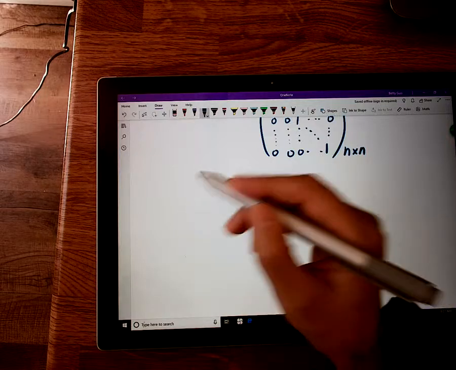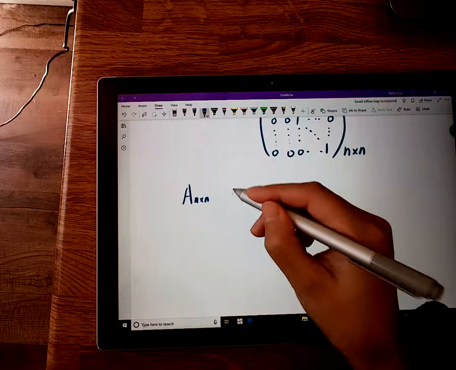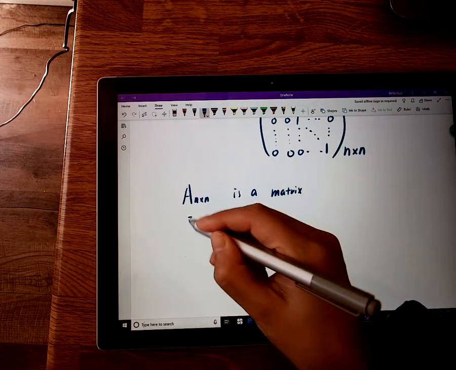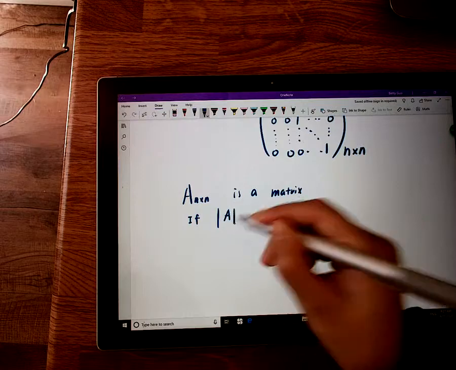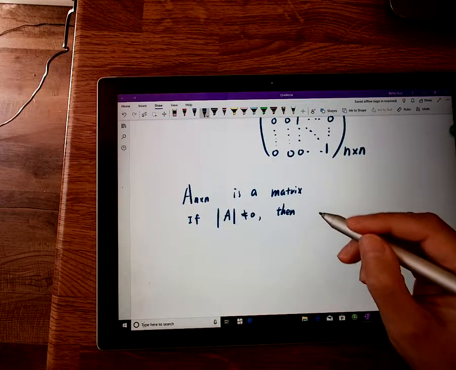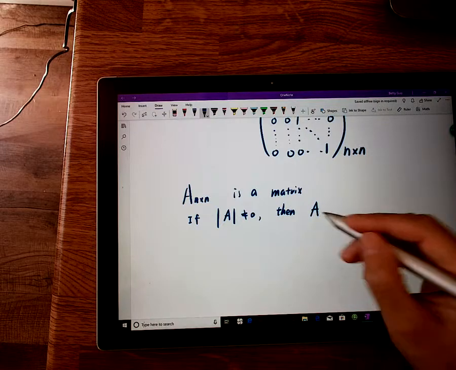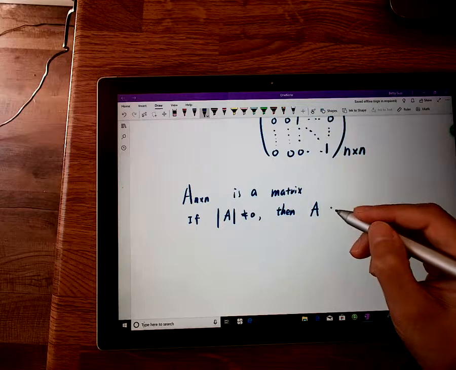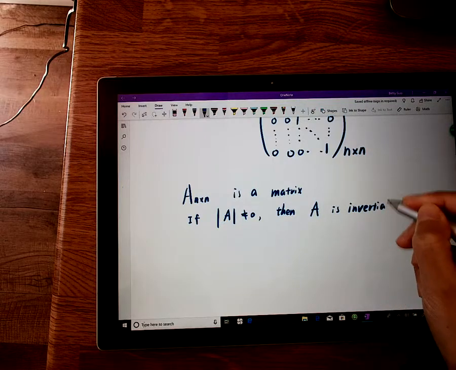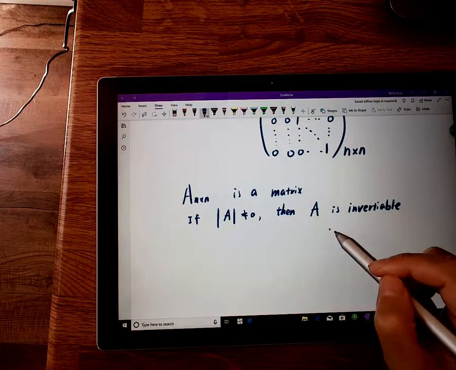Square matrix, okay? So let's say we have an n by n square matrix A. If the determinant of the matrix is non-zero, then we say the n by n square matrix A is invertible. Invertible means the inverse of the matrix exists.